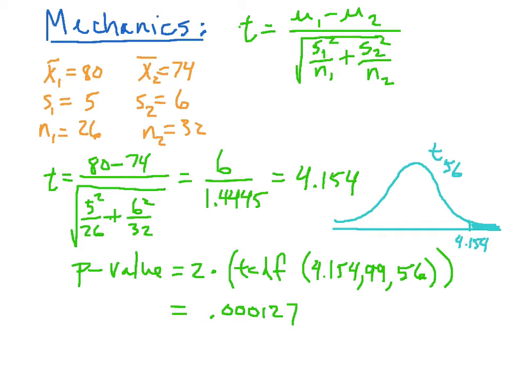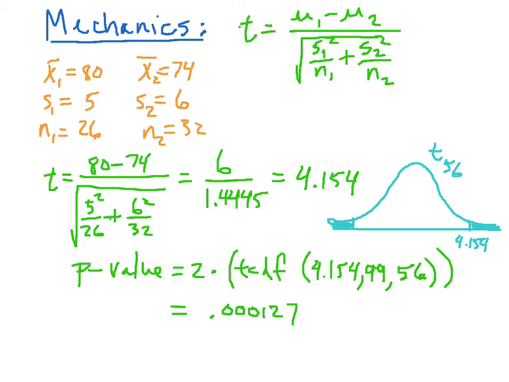So usually you'll get a set of data or you'll be given all the statistics for the data. And I like listing them so I know who's where and so forth. So here's what it looks like. And we get a T-statistic of 4.154. And then since it's a two-tailed test, not only do we want the area on this end, we want the area over here as well.